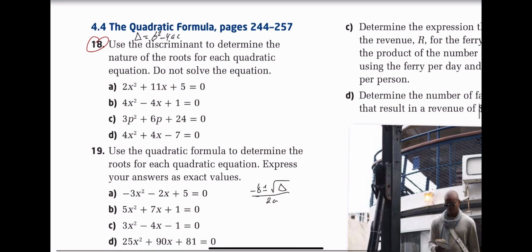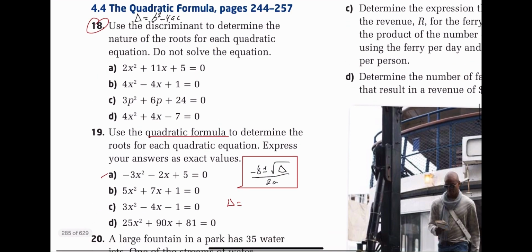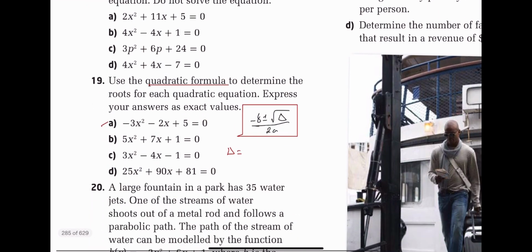For question 19, the first thing we should do is find our delta. Let me find my delta for the first question, for example, for A. My delta is b squared minus 4ac. This is my a, this is my b, this is my c. Take the whole thing with the sign, not just by itself.